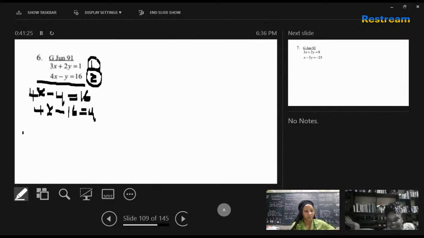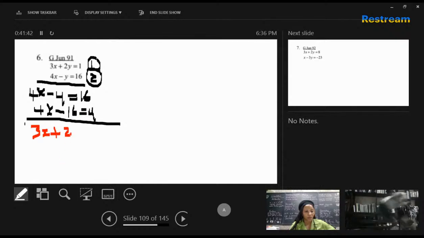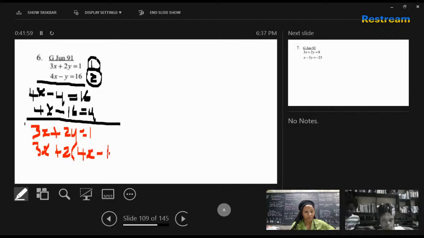So we're going to plug that into the first equation. Write the equation first. 3x plus 2y equals 1. And 3x plus 2 times 4x minus 16 equals 1.